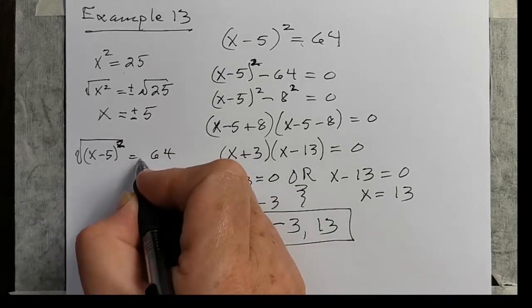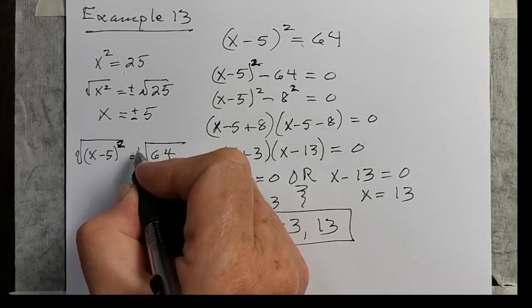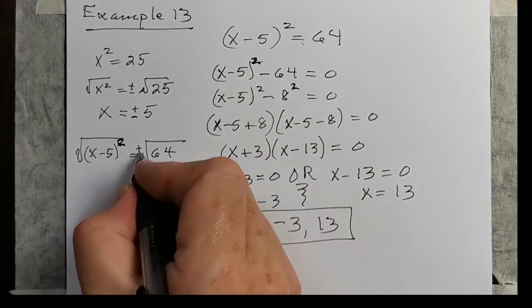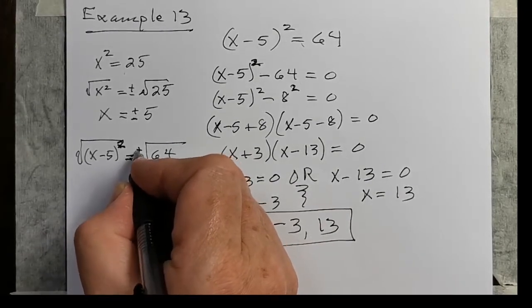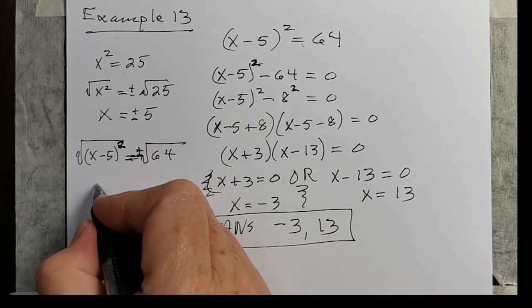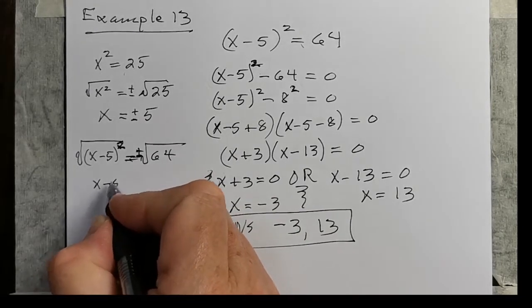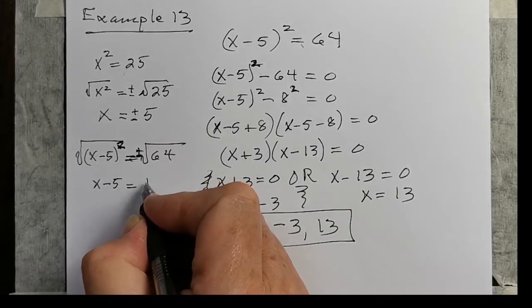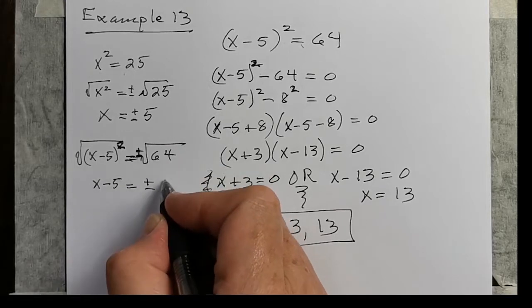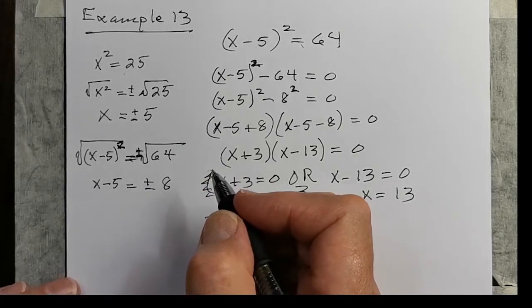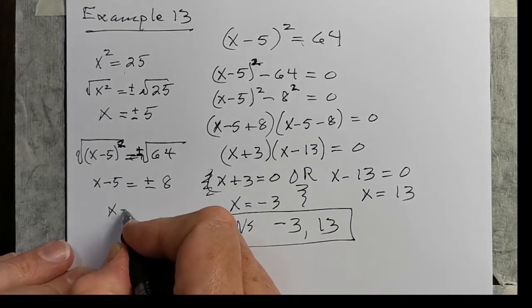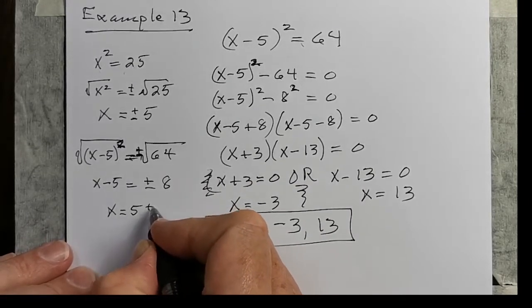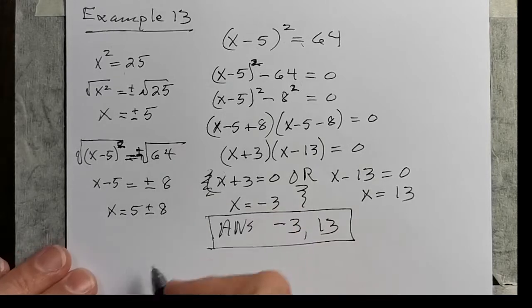If I take the square root of these, it'll have to be plus or minus. So this will be x minus 5 is equal to plus or minus the square root of 64, which is plus or minus 8. And that means that x will be equal to 5 plus or minus 8.